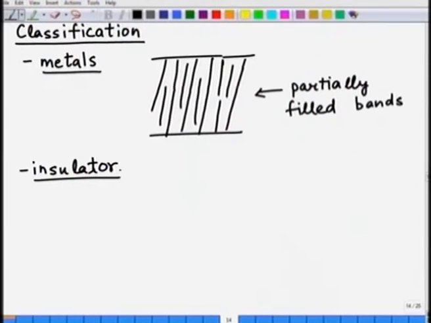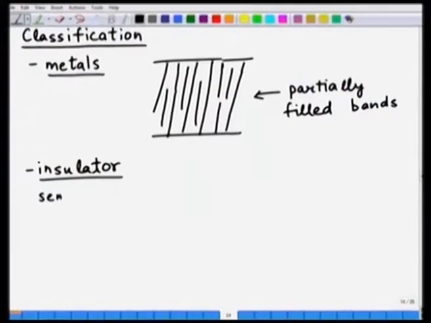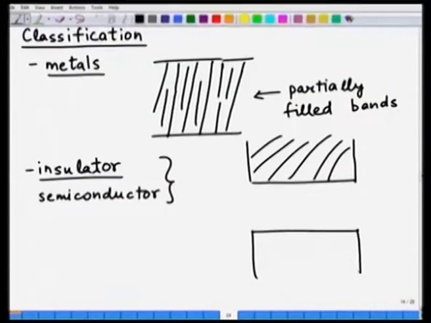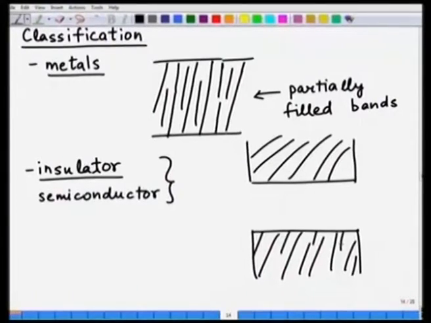That means that insulator, and I should see it in context of semiconductor itself, both of these necessarily have a band gap. That means these are allowed energies right here, and these are allowed energies.